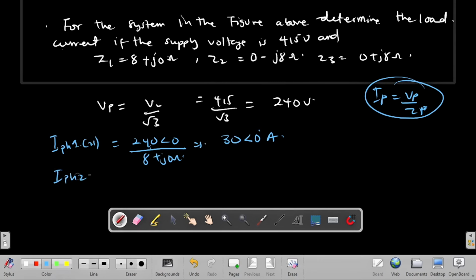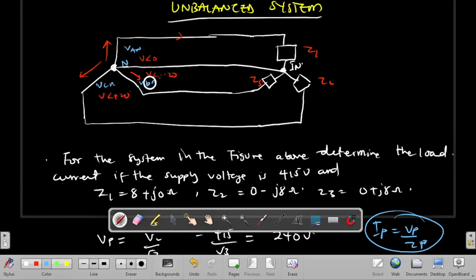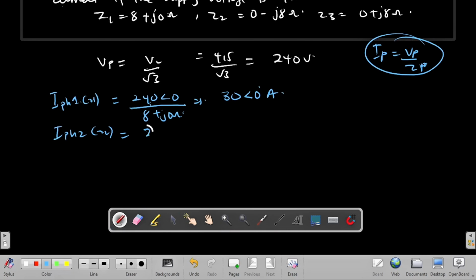Our I in phase 2, or Z2, is simply equal to that. In the second one, I have V angle negative 120. Take note, V2 is negative 120 and V3 is positive 120. So I'm going to get 240 angle negative 120 over 0 minus j8 ohms. Remember, this is rectangular and this is polar. You need to convert from rectangular to polar. This is a purely imaginary number on the negative side.